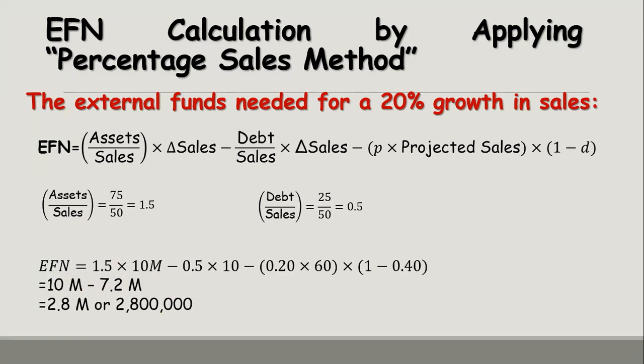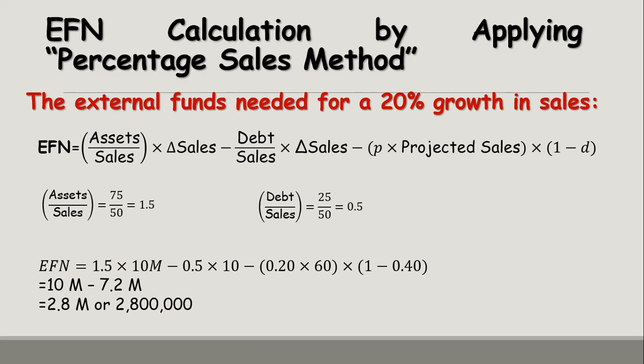Now, here we are going to calculate the external financial need. That is equal to assets over sales. We have the figure for the sales, that is 50.